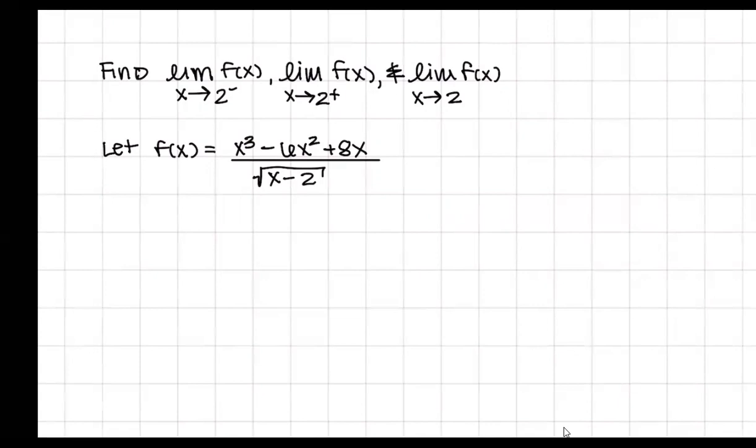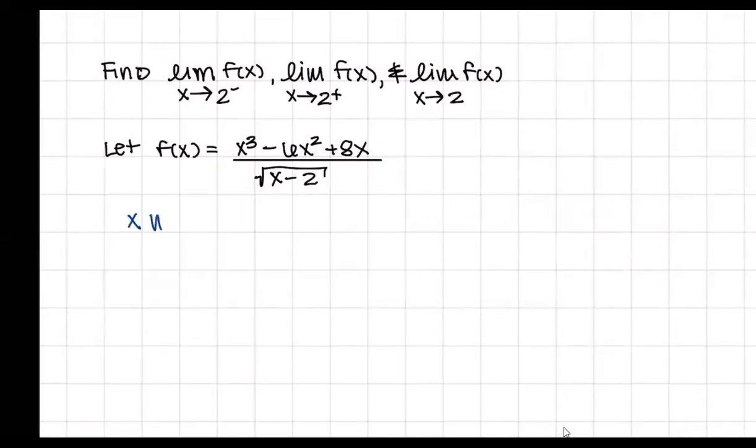So we know that anytime we have a square root in our denominator, we can only have a domain where x minus 2 is greater than 0. So x has to be greater than 0. Sorry, x must be greater than 2.